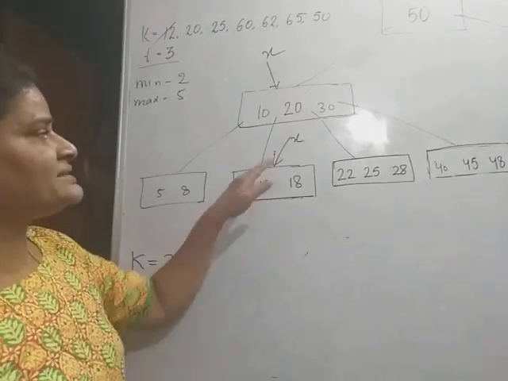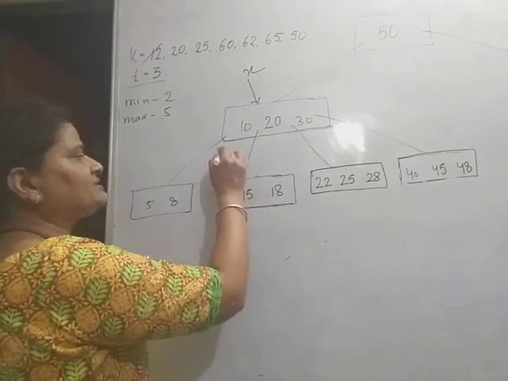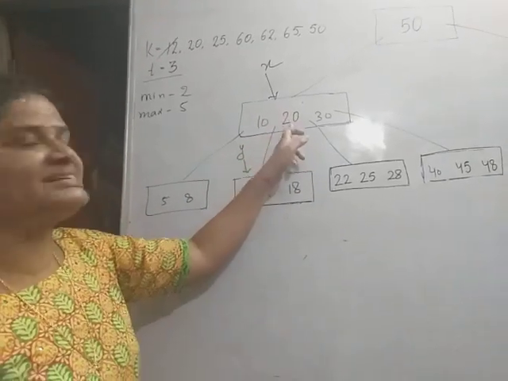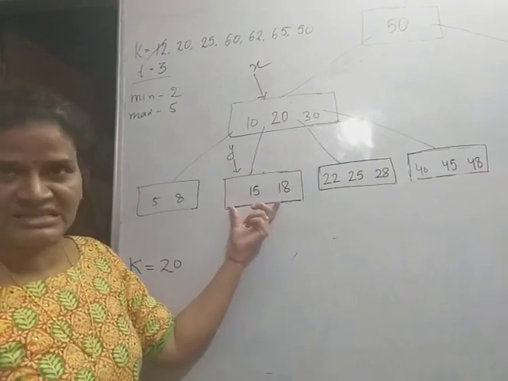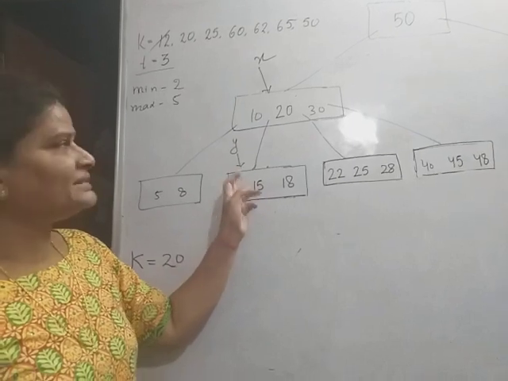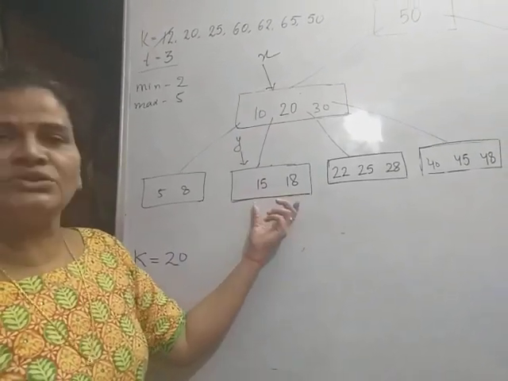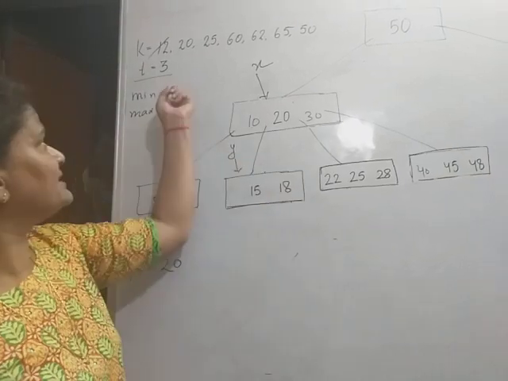The child y that precedes 20 and the child that follows 20. If the child y that precedes 20 contains t keys, this is not the case, because it contains only 2 keys and t is 3.